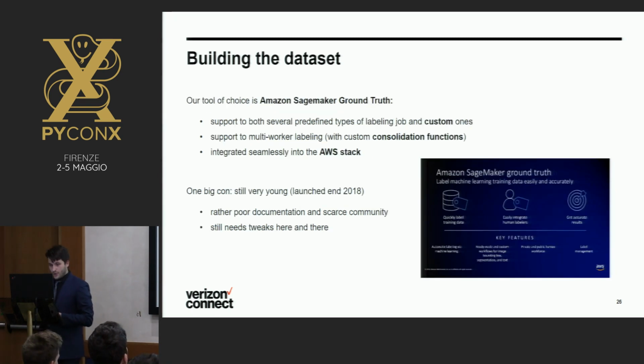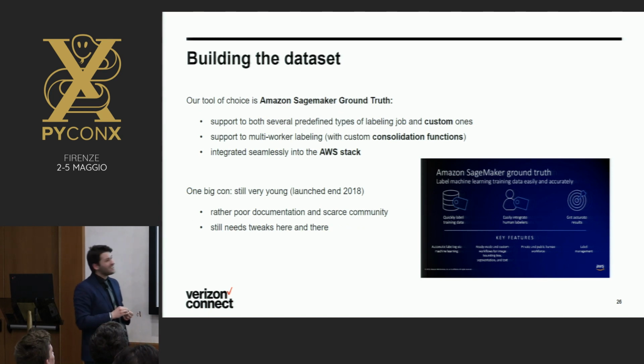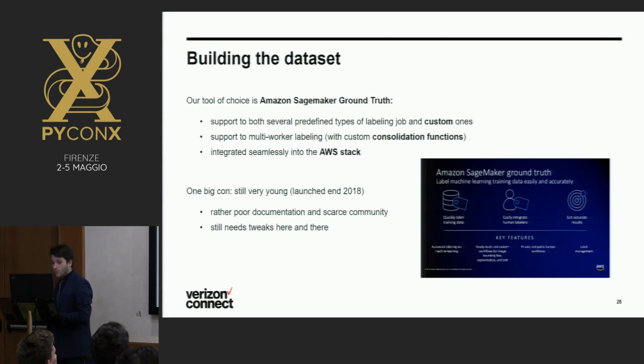The tool of our choice for creating a dataset is Amazon SageMaker Ground Truth, which is a relatively young tool with some good characteristics. For example, it is able to work with predefined types of labeling jobs and custom ones. We chose to use a custom labeling job for our purposes.